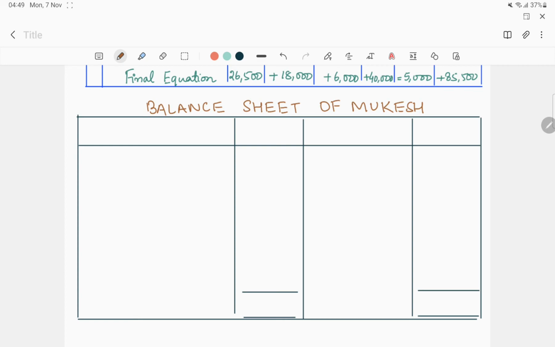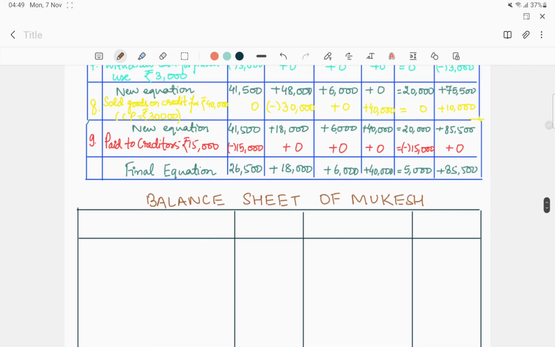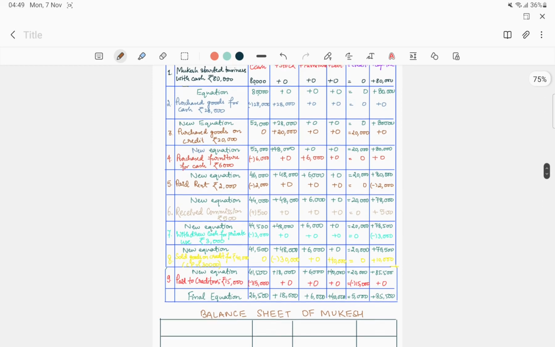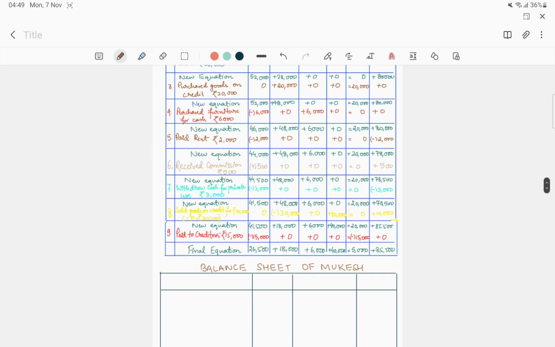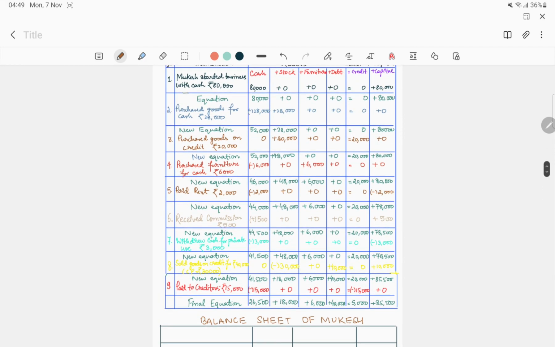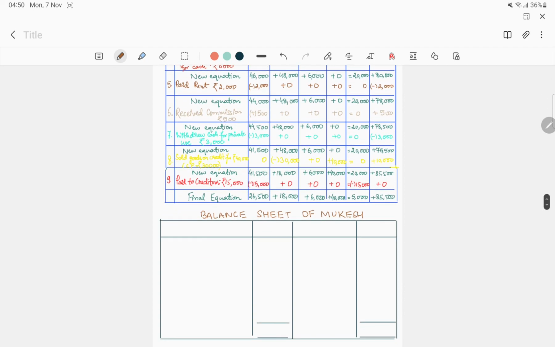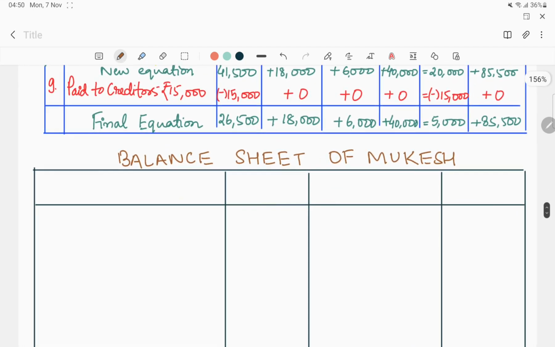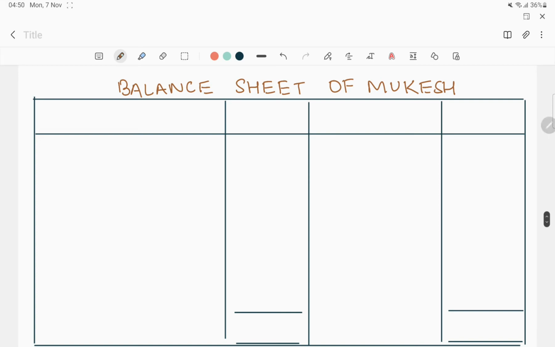We are going to use the last transaction or final equation to make this balance sheet. You can see in the final equation we're getting cash as 26,500, stock as 18,000, furniture as 6,000, debtor amount 40,000, creditor 5,000, and capital amount as 85,500. Let's write the balance sheet of Mukesh using these figures.